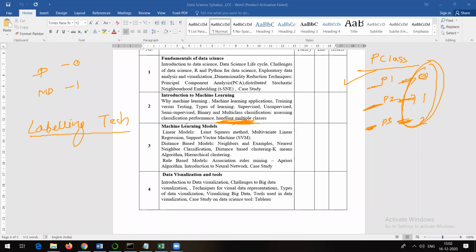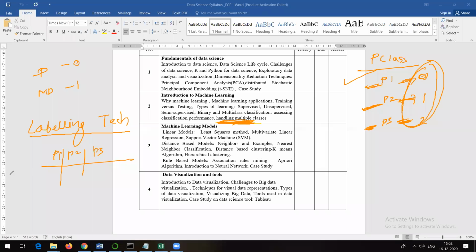What happens in these labeling techniques is, instead of assigning these numbers, see, there are three classes, right? Passenger class 1, 2, and 3. So we make passenger class 1, passenger class 2, and passenger class 3.